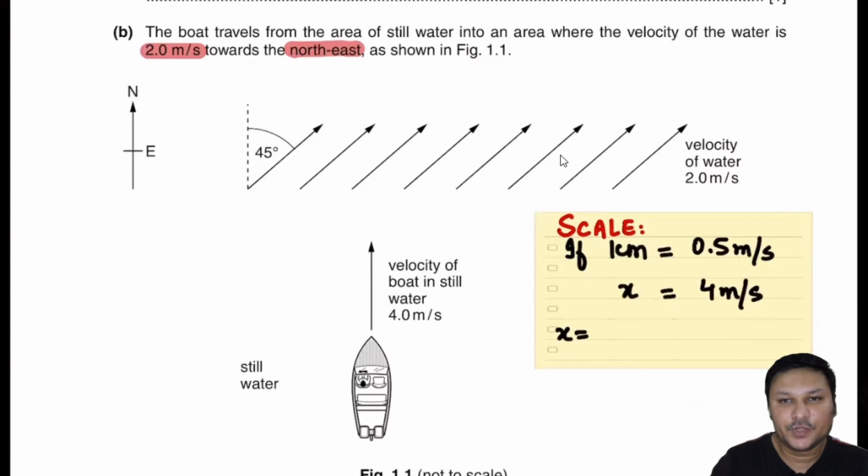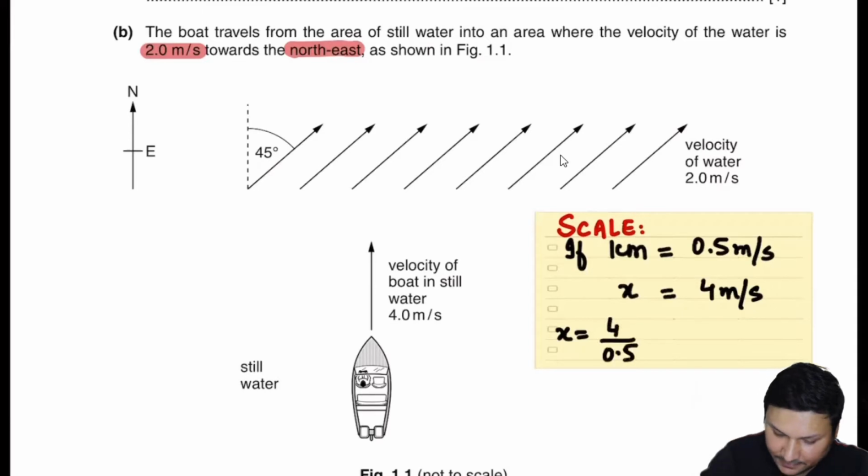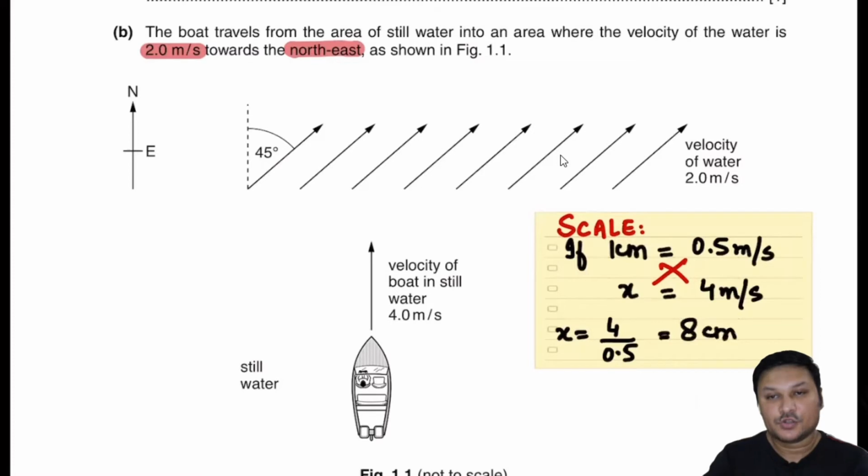In order to find out the value of x in centimeters, I will just cross multiply, and the result will be 4 divided by 0.5, which means 8 centimeter. So my 4 meter per second vector will be represented by 8 centimeters on the copy.